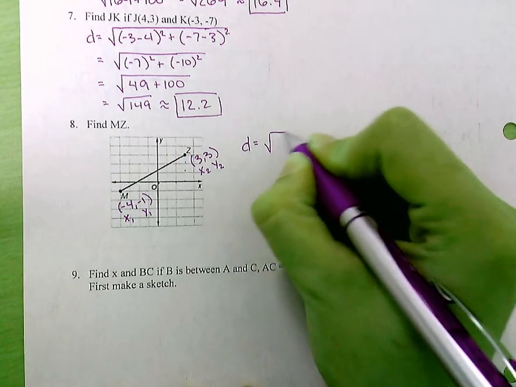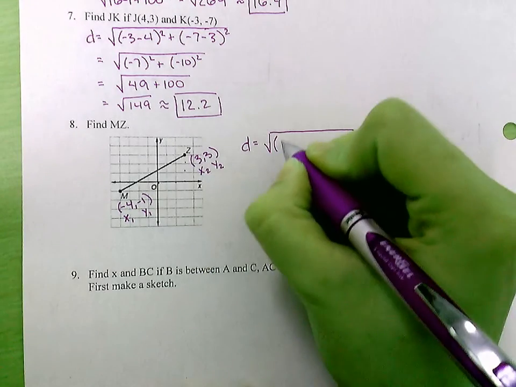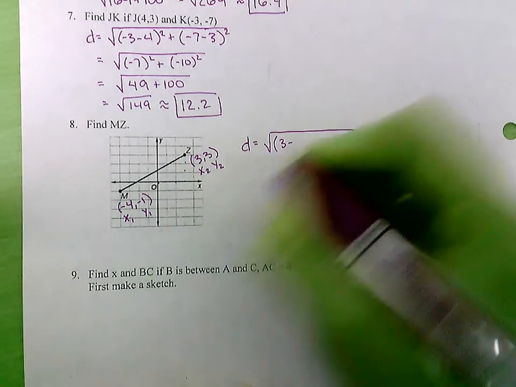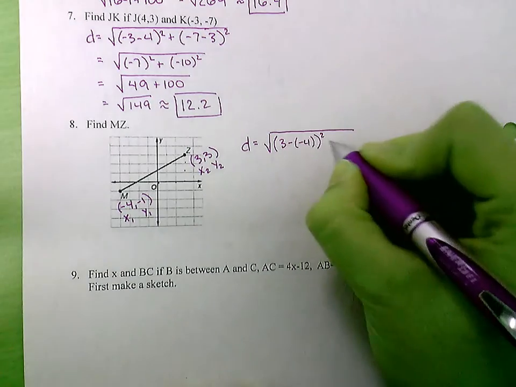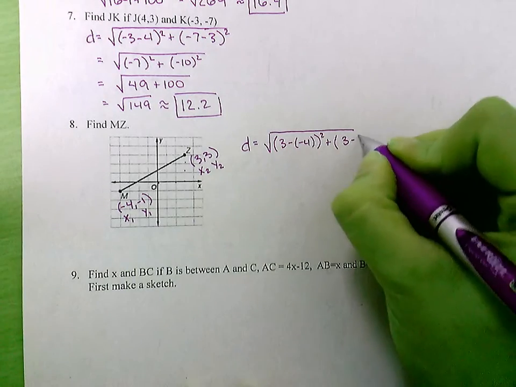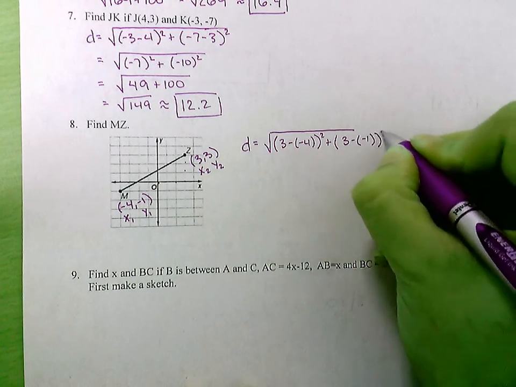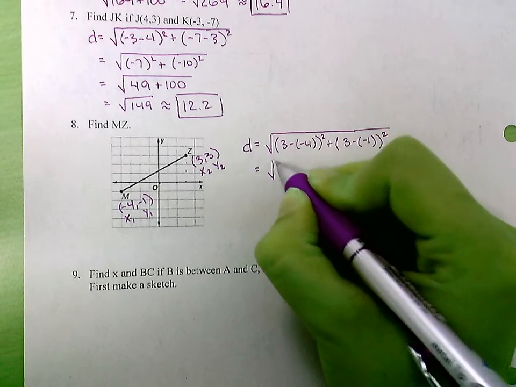So finding that distance, take the square root of x sub 2 is 3, minus x sub 1 is -4. That quantity is squared. Plus y sub 2 is 3, minus y sub 1. That quantity is squared. Okay, again, simplifying.